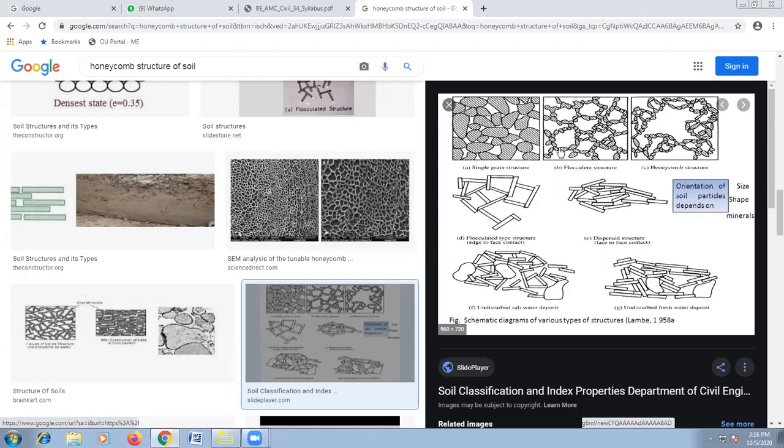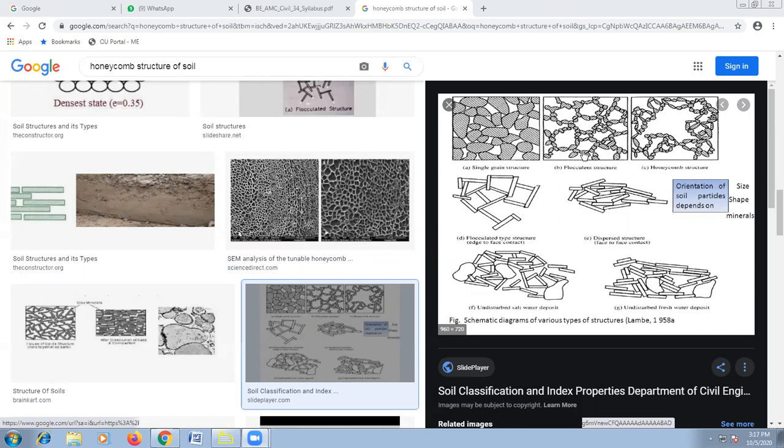If these particles form a group together, then they are known as a flock. You can see many flocks over here. A group of flocks results in the development of the flocculent structure. So this is the flocculent structure that I was talking about.